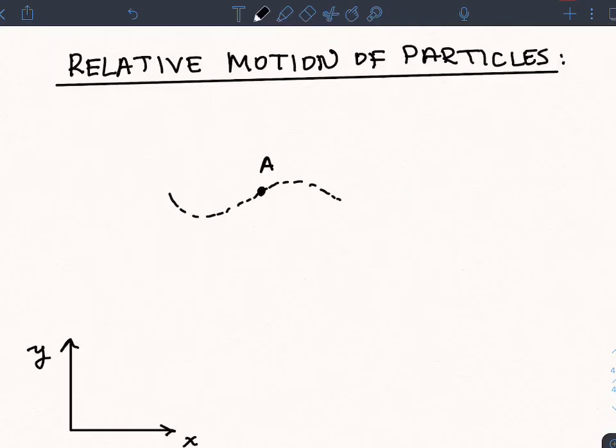And let's say we have another coordinate system, another observer, but this time this observer is moving. Okay, so let's say you have another observer, x prime, y prime, and this coordinate system is located based on the fixed coordinate system.